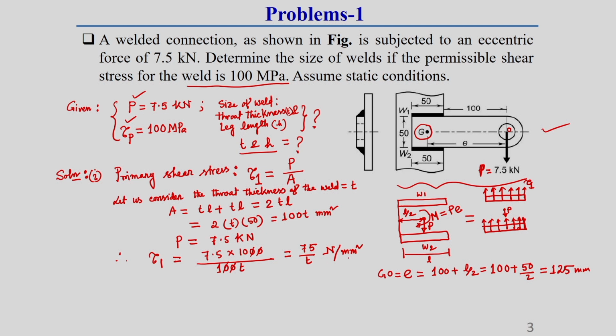So, in the first step we have found tau 1.